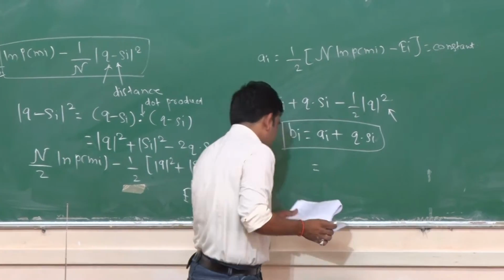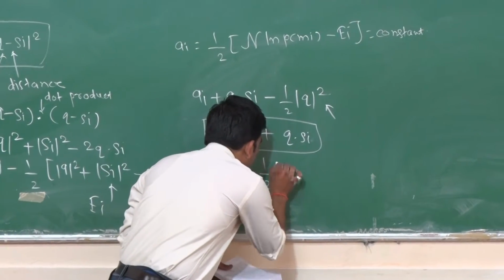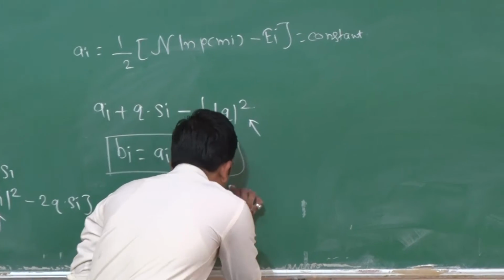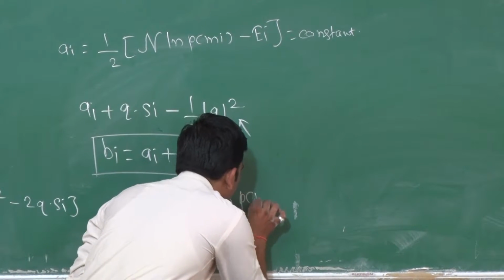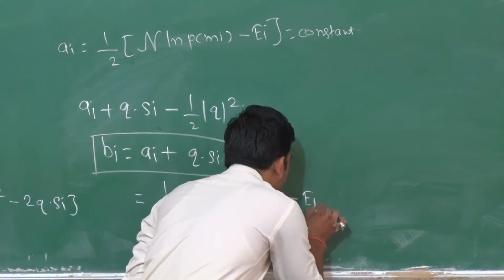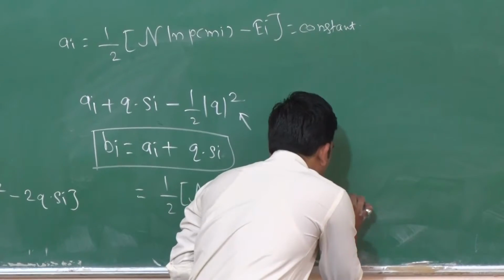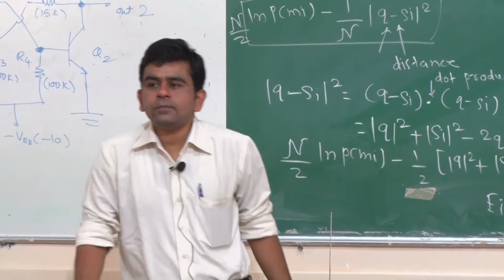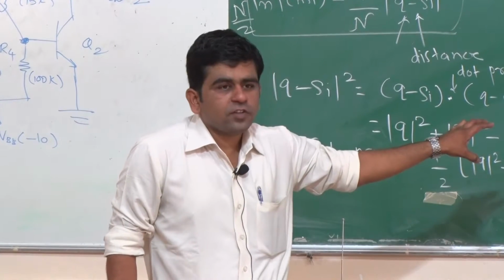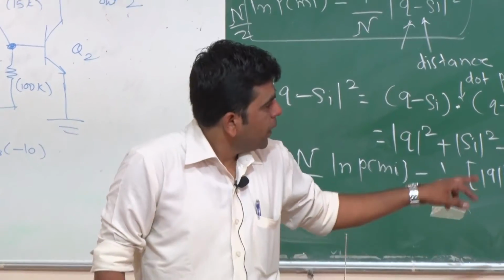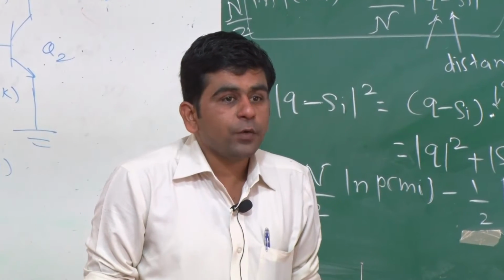Just see here, we have to elaborate this decision rule. Finally the decision rule is given by Bi is equal to AI plus Q into Si.